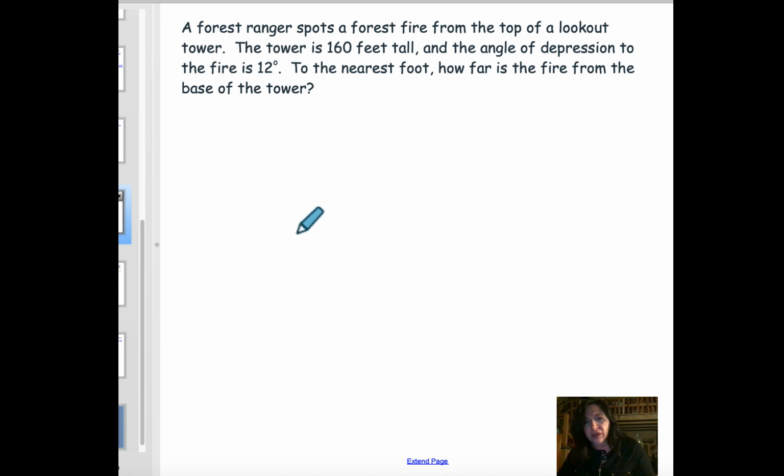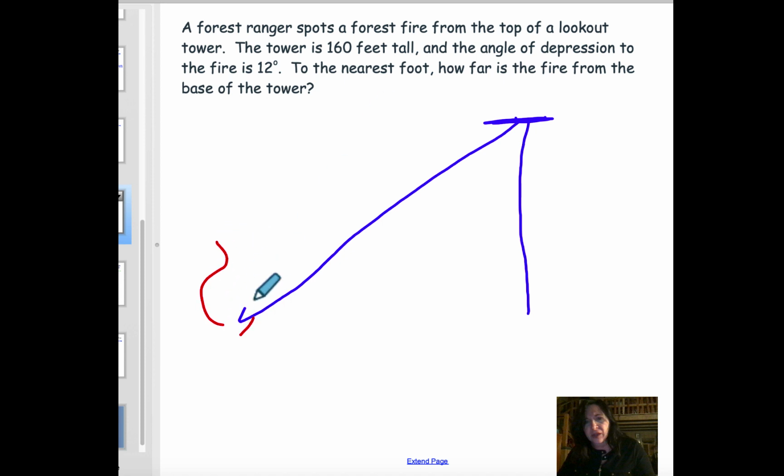Next. A forest ranger spots a forest fire from the top of a lookout tower. Okay, so here's the tower. Spots a fire from the top of, so let's just say way down here is the fire. Okay, there's the fire. And the tower is 160 feet tall.